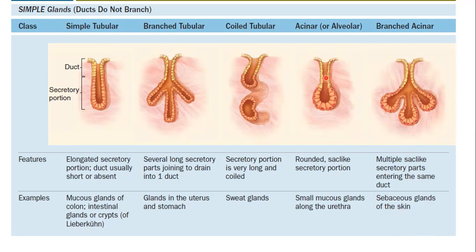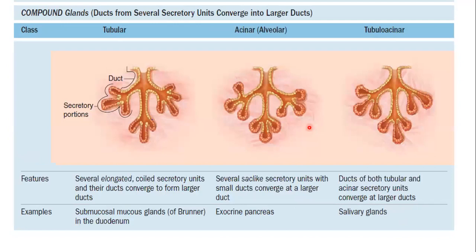What about compound glands? As we'll see shortly, they're going to have more than one duct. So these are compound glands. But the shape of the secretory unit is the same as we discussed previously. Let's begin with the first one.